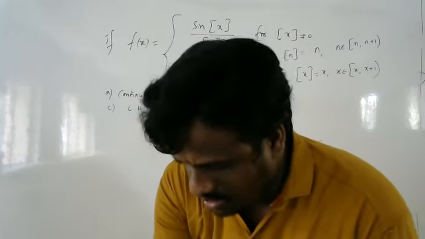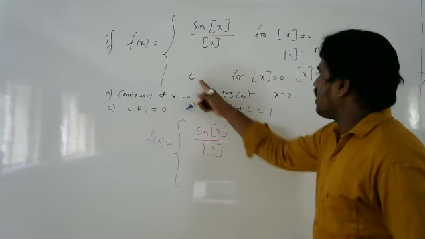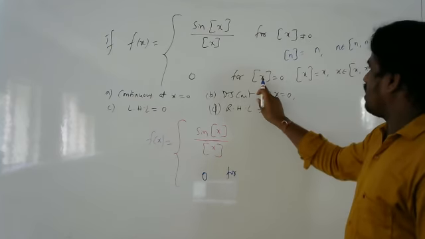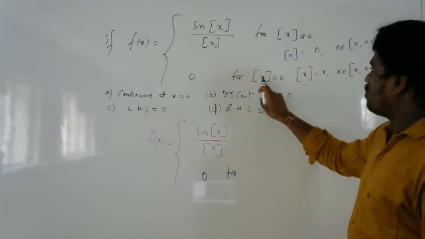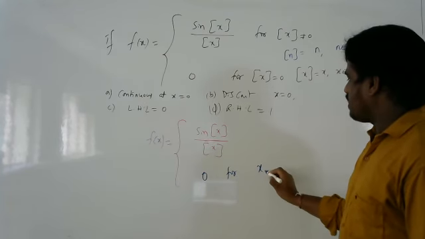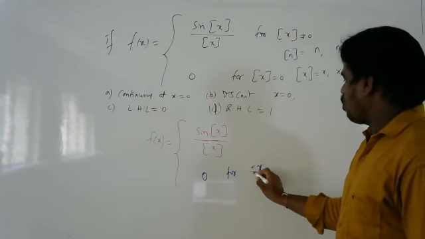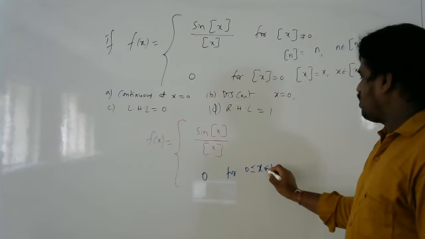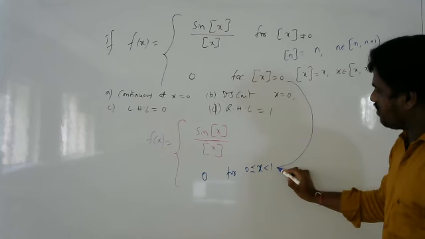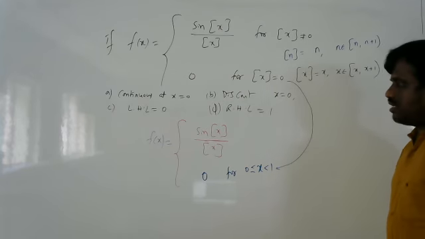The first down one is, I write here 0, given greatest integer x is 0. So greatest integer x is 0 when? When x is in between 0 to 1. Greatest integer x is 0 happens when x is in between 0 to 1.